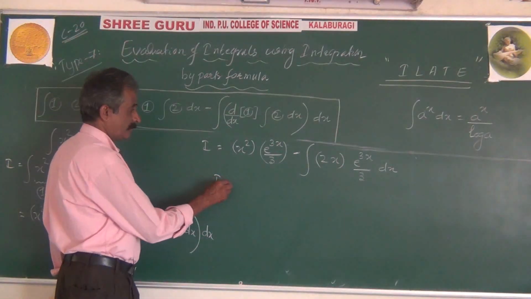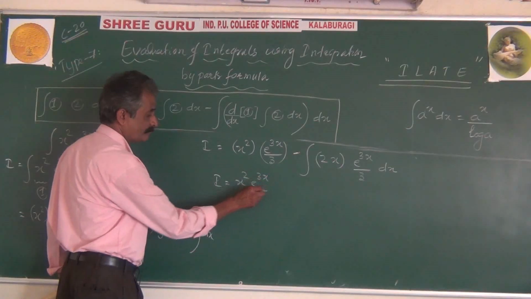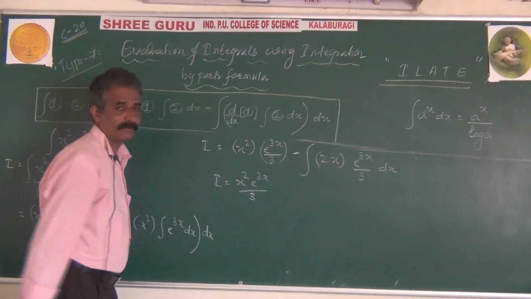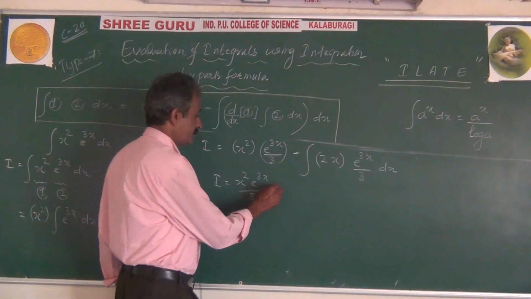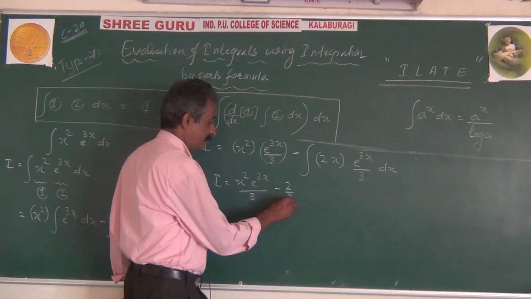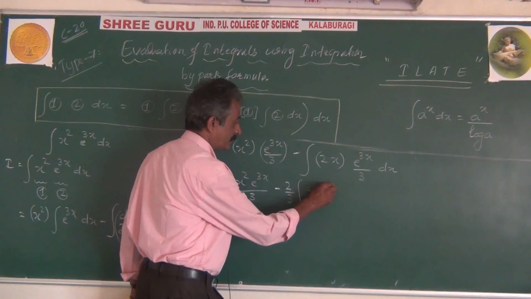So I equals x square e power 3x by 3, here 2 by 3 kept outside the integration, minus 2 by 3 into integration of x into e power 3x.